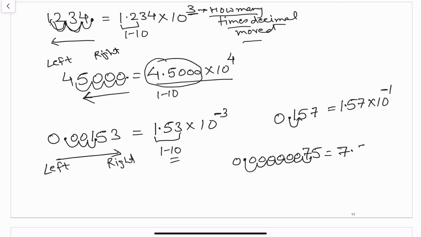So it's 7.5 times 10 to the power 7, and we are moving the decimal from left to right, so it's going to be a negative number. So this is your scientific notation, 7.5 times 10 to the power negative 7. So just practice this type of problem to convert a regular number into scientific notation.